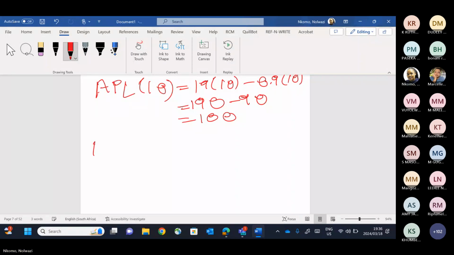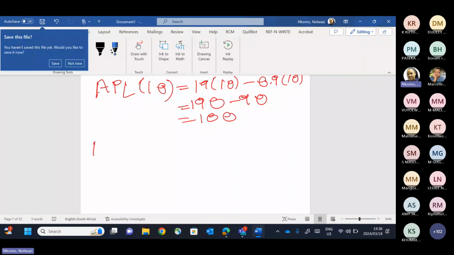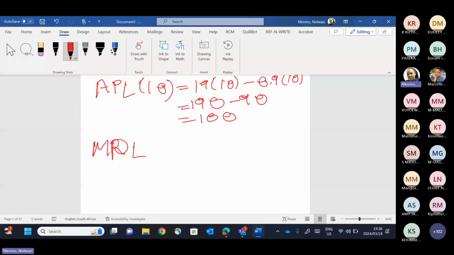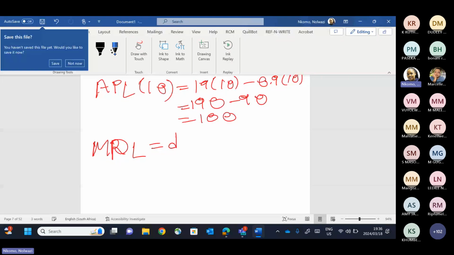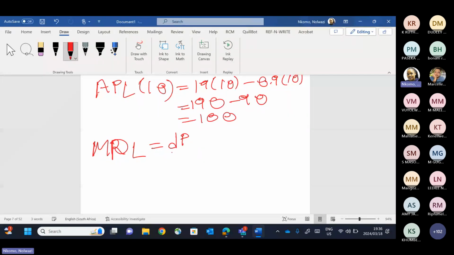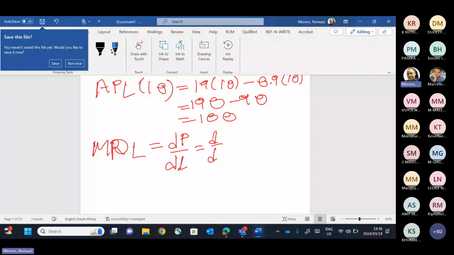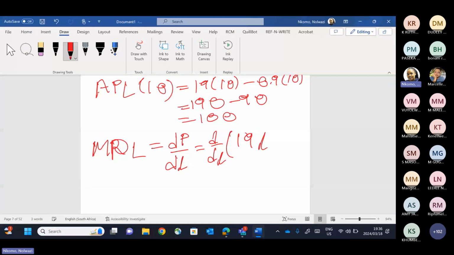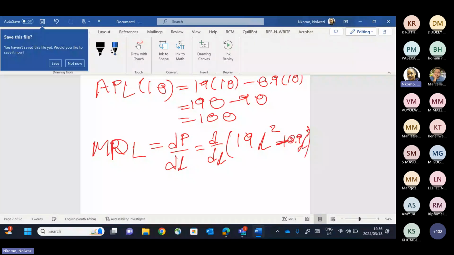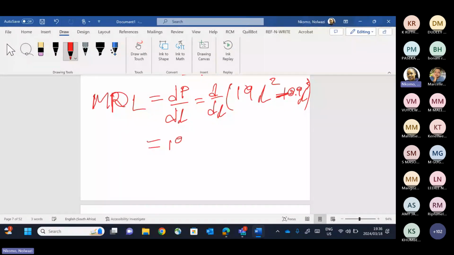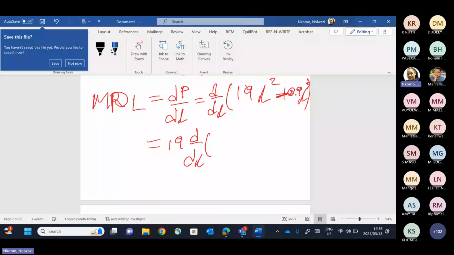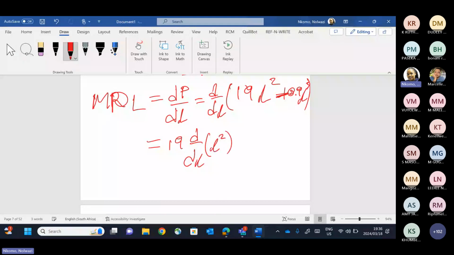So this means we have MPL equals dP with respect to L. And our P is 19 L squared minus 0.9 L cubed. So this means we have 19 d/dL of L squared minus 0.9 d/dL of L cubed.